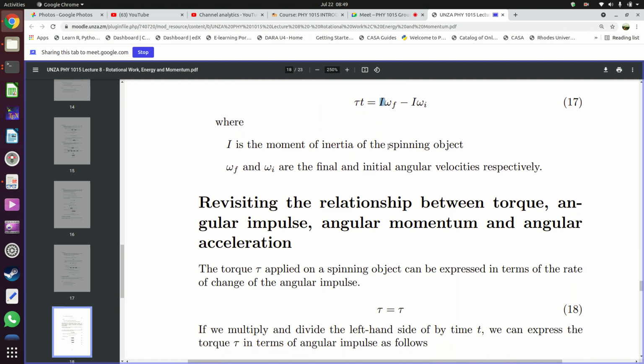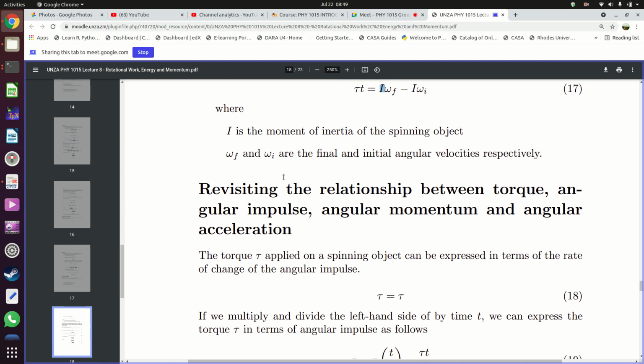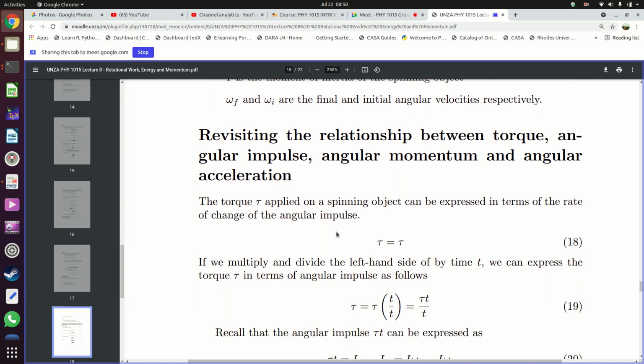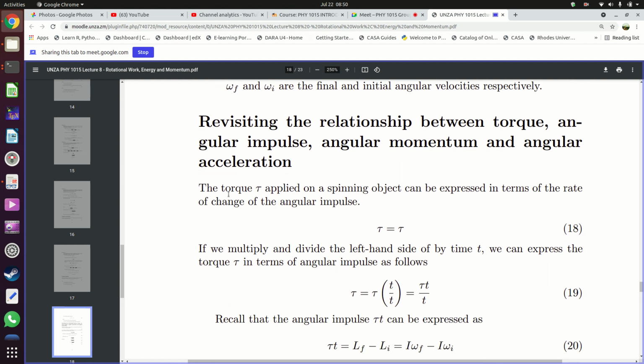Now let's see what we have here. Revisiting the relationship between torque, angular impulse, angular momentum, and angular acceleration. The torque applied on a spinning object can be expressed in terms of the rate of change of angular impulse.